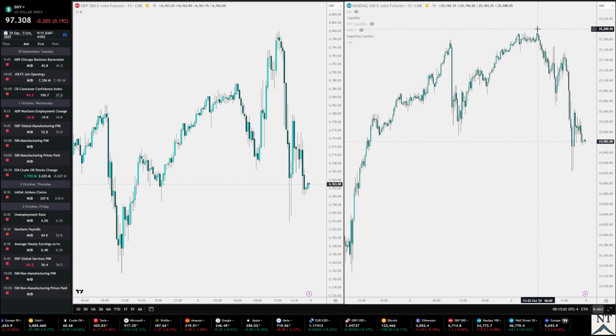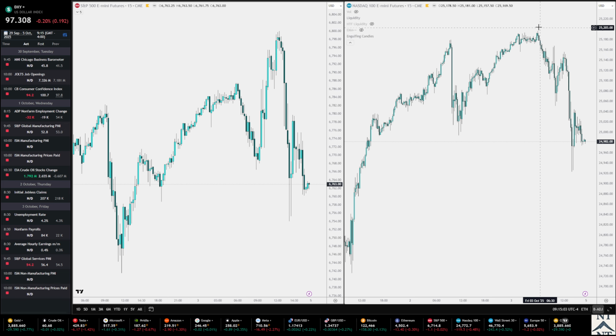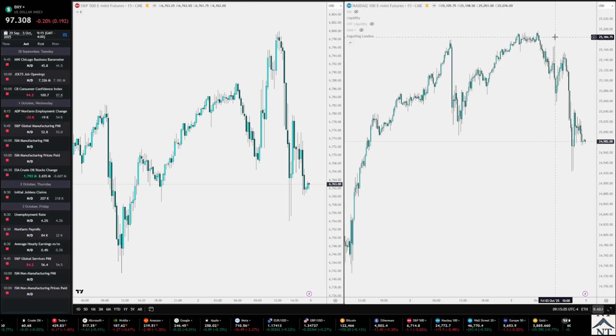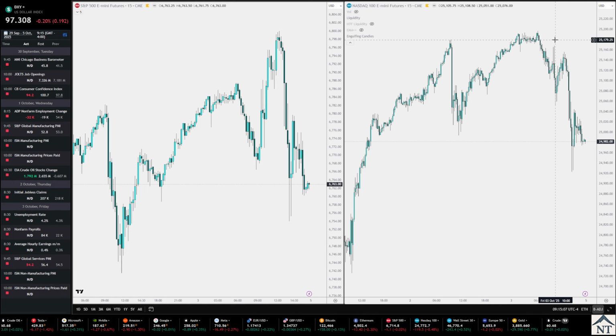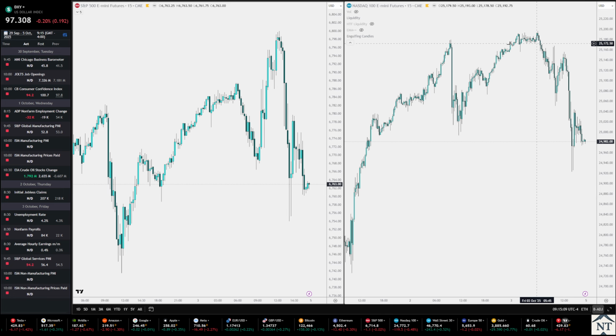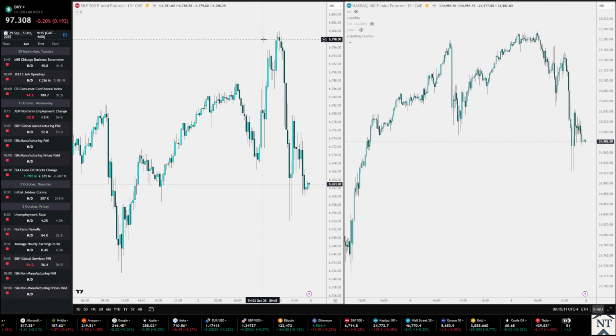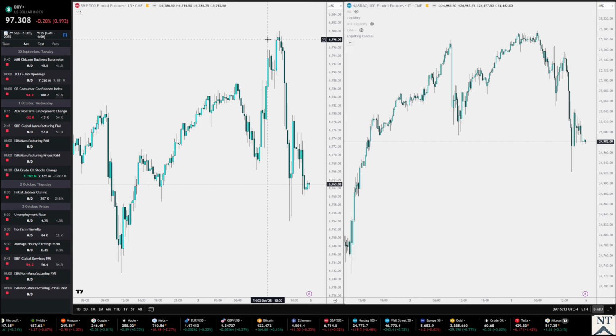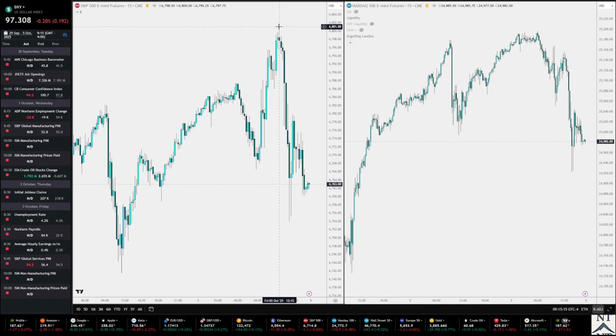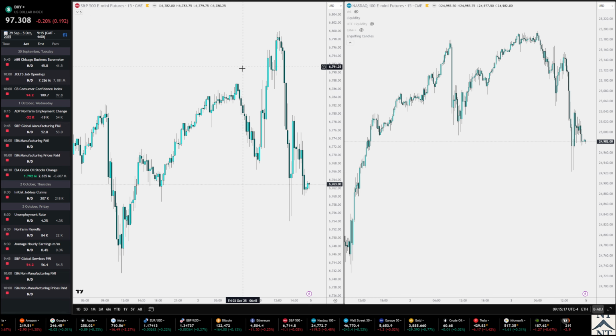Those three highs are lower highs. This is 9:45, 10, 12.